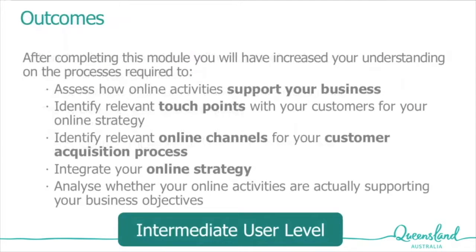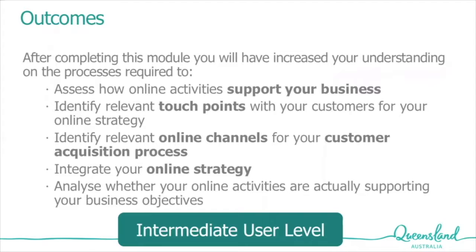After completing this module, you will have increased your understanding of the processes required to assess how online activities actually support your business. Identify the relevant touch points with your customers for your online strategy. Identify relevant online channels for your customer acquisition process, and how to have an integrated online strategy, how to pull all of this together into a 1 or 2 page plan, and then analyse your online activities and whether they're actually supporting your business objectives, and then with that knowledge on measurement, being able to tweak your plan.